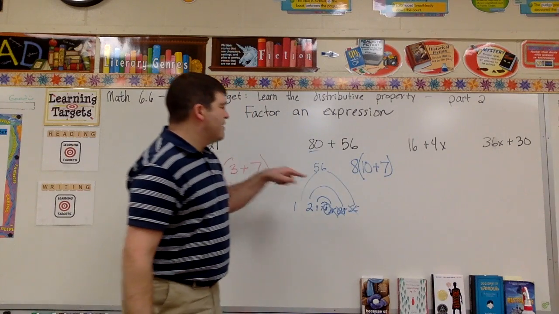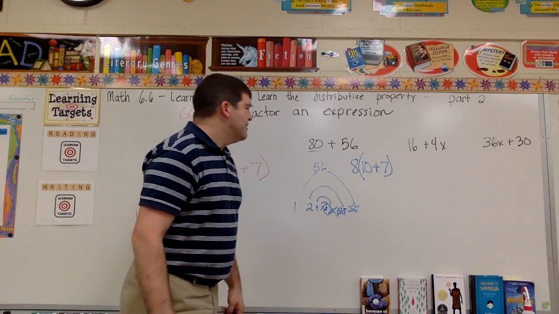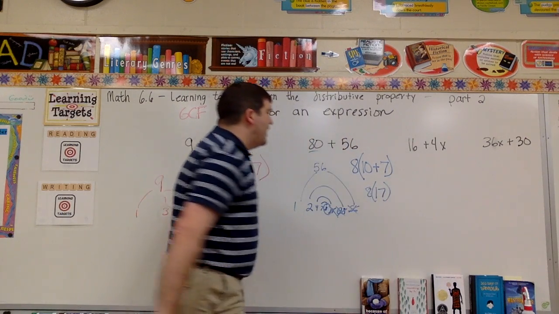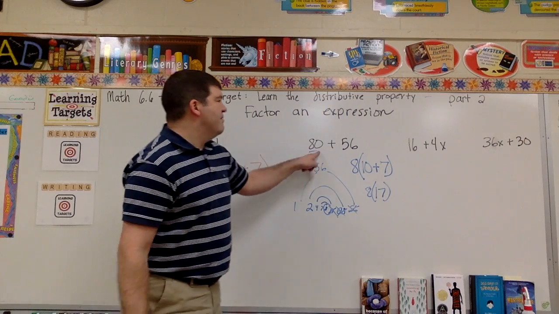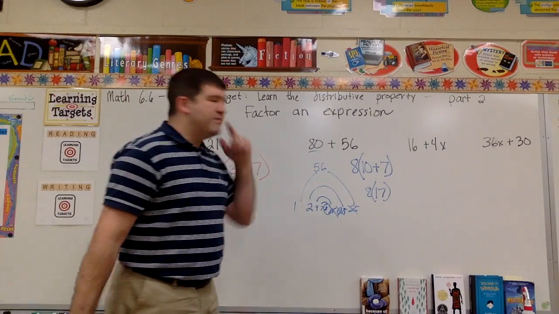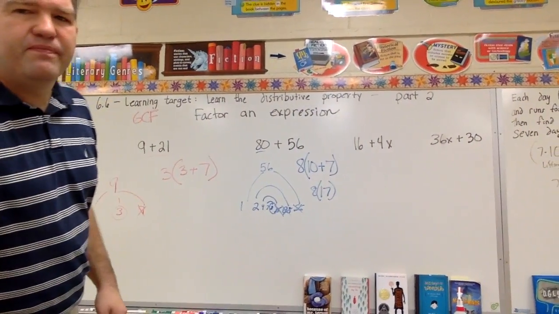So factoring this out, it's 8 times the quantity 10 plus 7. So 8 times 17 is going to get me the same as 80 plus 56. Factored it out.